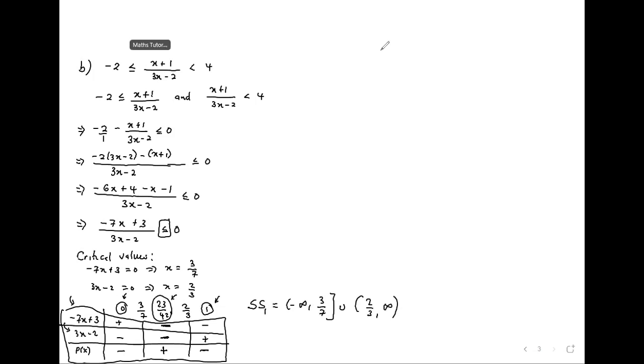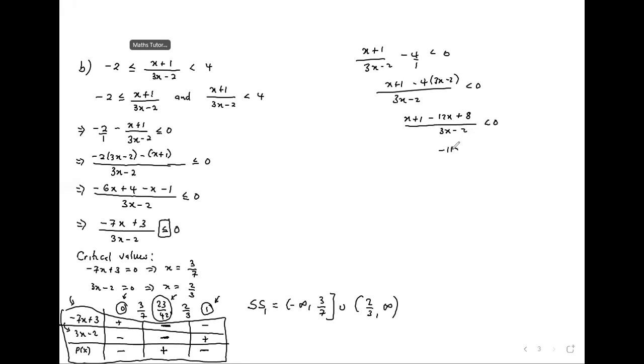You go back to the other piece, x plus 1 over 3x minus 2 minus 4 less than 0 over 1, and get x plus 1 minus 4 times 3x minus 2 less than 0. So you get x plus 1 minus 12x plus 8 over 3x minus 2 less than 0.